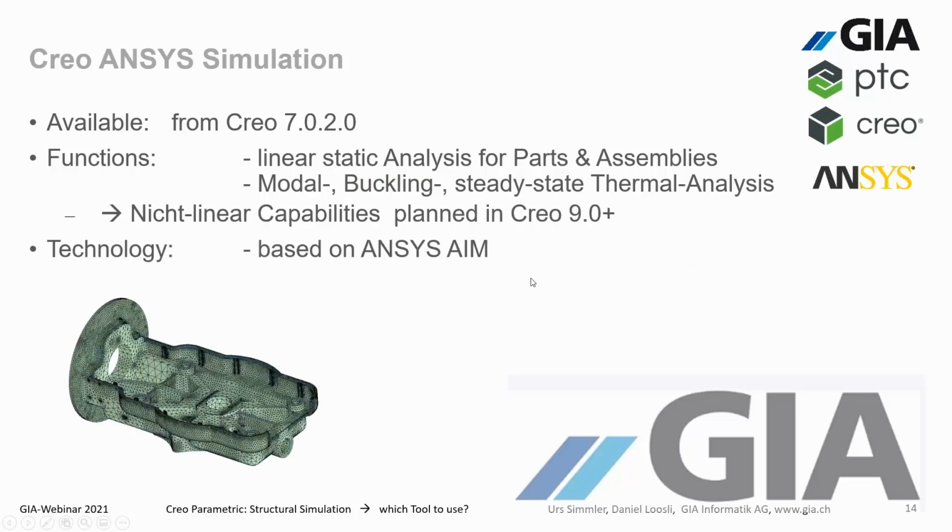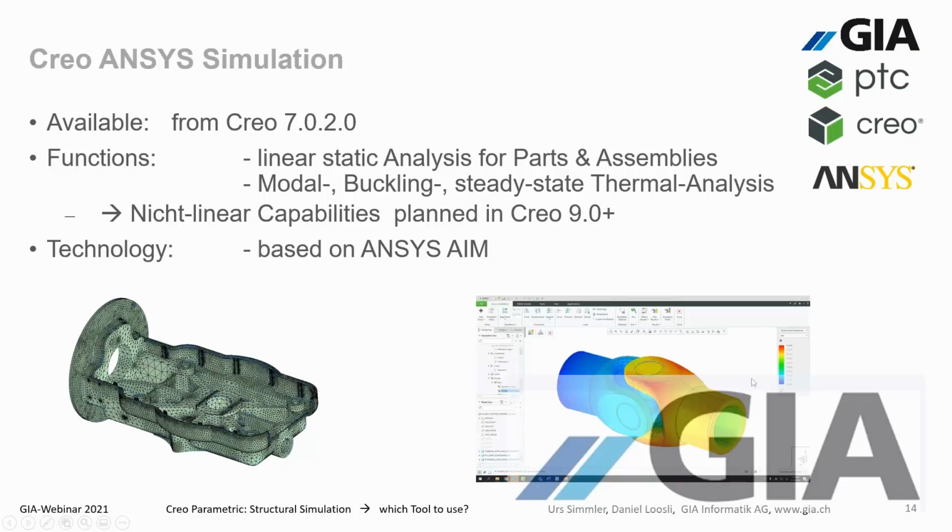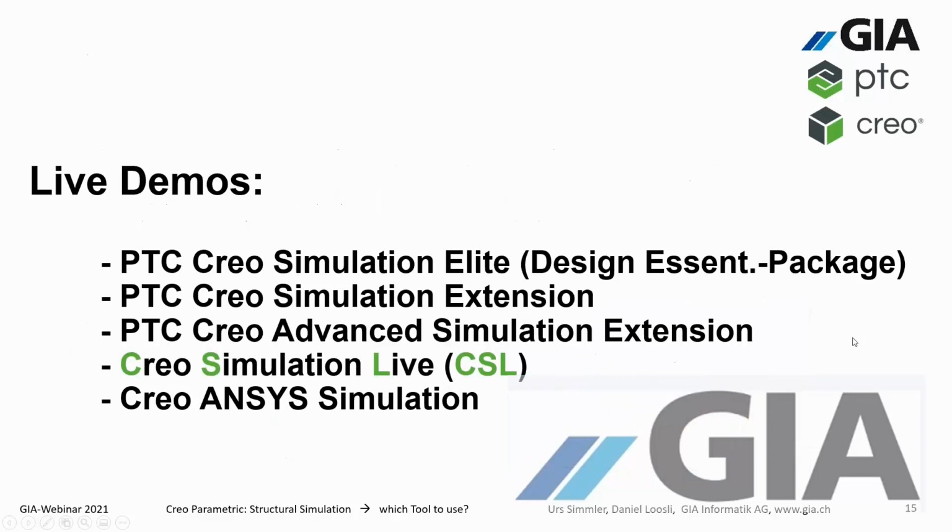Non-linear capabilities are planned in further versions of Creo Parametric, and the technology behind that Ansys Simulation is called the Ansys AIM technology. It's the standard h-element technology of Ansys, and we'll see the first step of the integration in Creo Parametric. This will also be available starting from 7.0.2.0. That's more or less the theoretical part of that one.